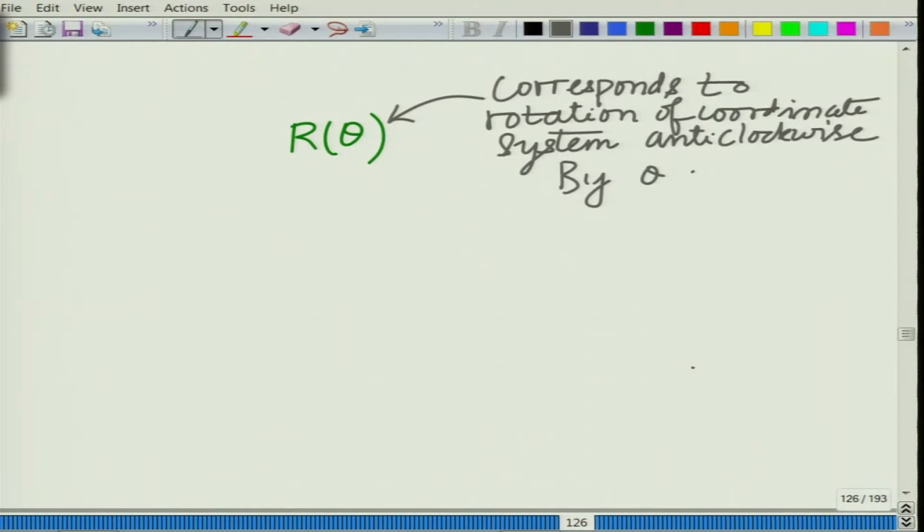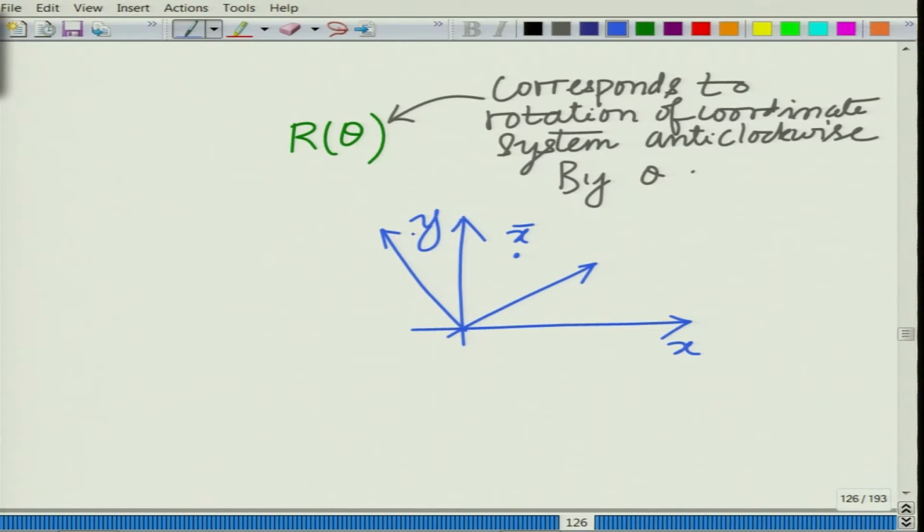That is, if you have a point x bar in your current coordinate system, and then you rotate this anti-clockwise by theta, what are the new coordinates?